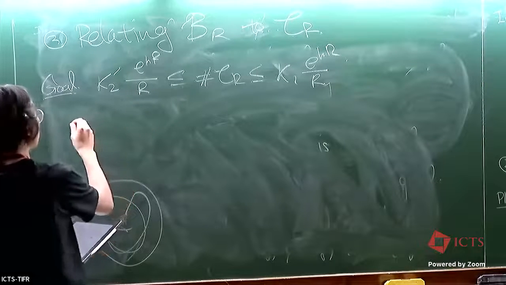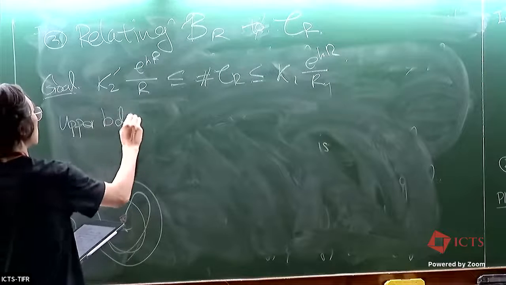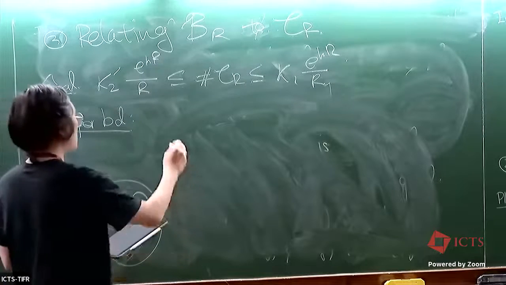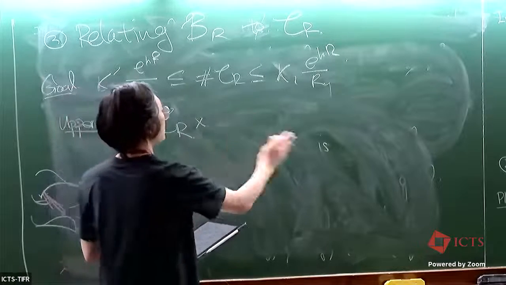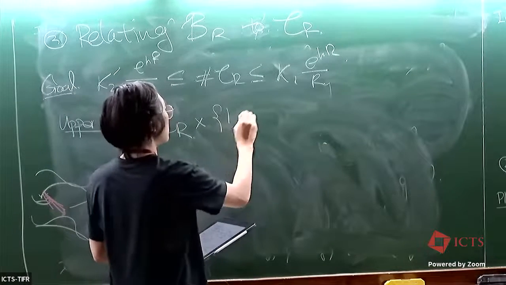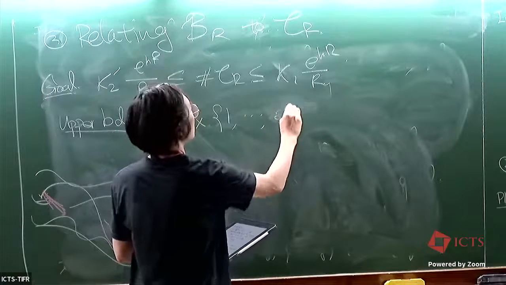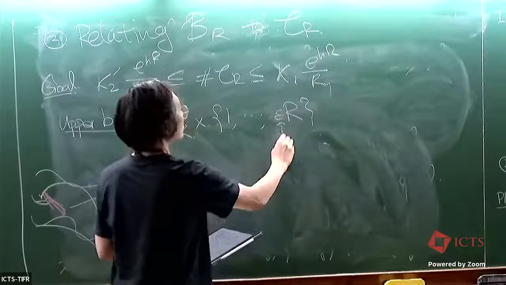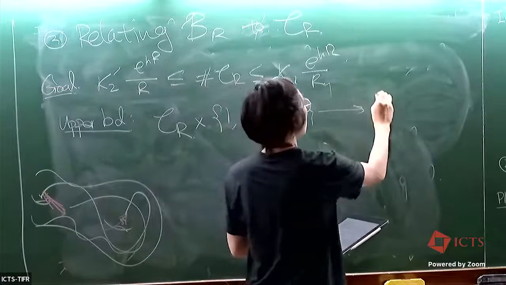So for the upper bound, we will construct a map from CR times some linear index set, which will actually be epsilon r for some suitable constant, but I will not care about that too much, into BR.